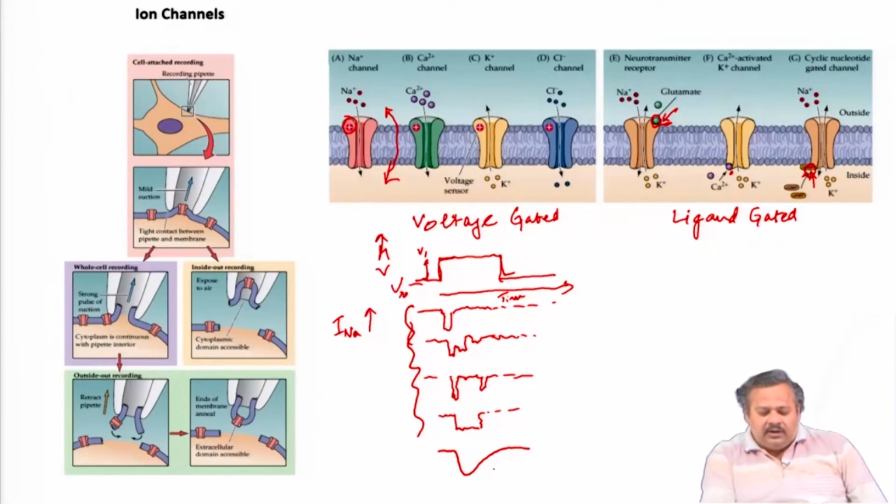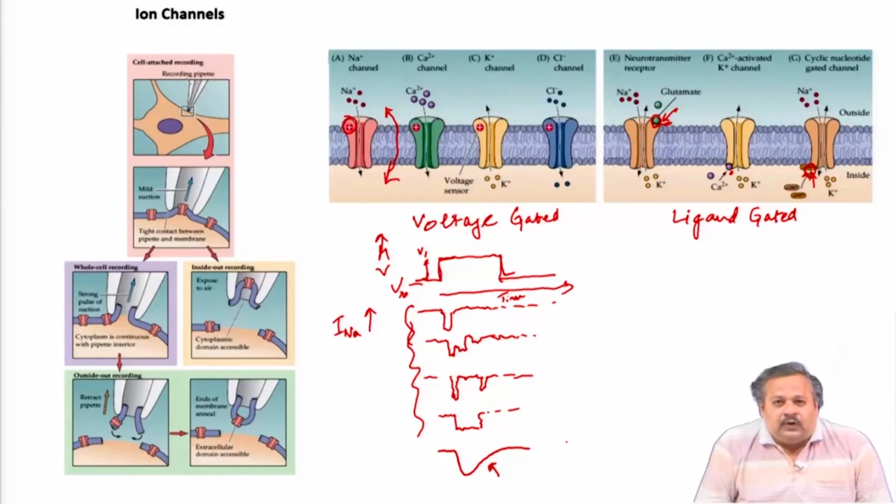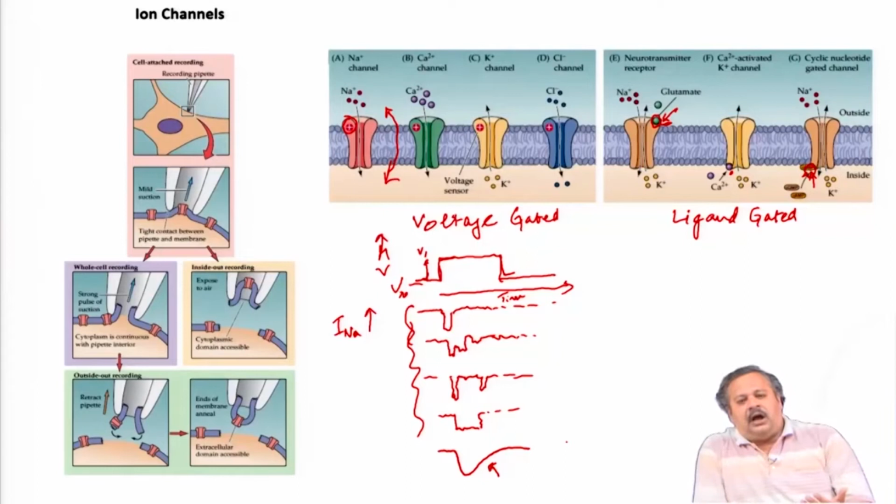And this is what will be reflecting our sodium current overall, and based on the voltage we will later on see how we can determine the conductance of the sodium channels based on these current measurements of a particular ion.